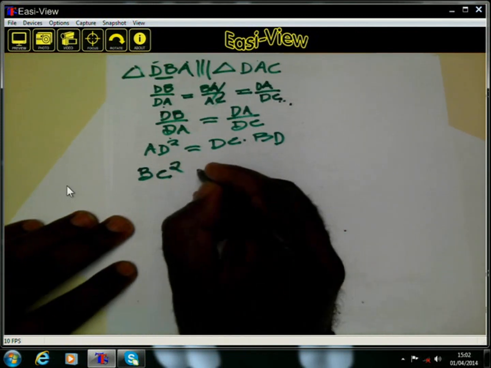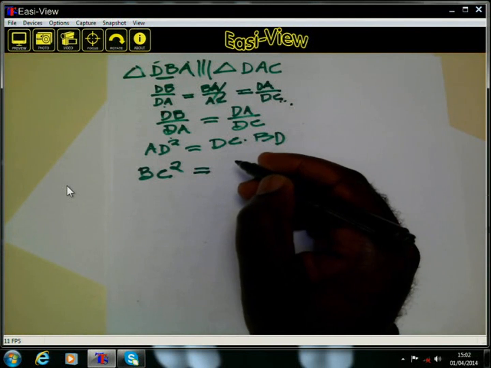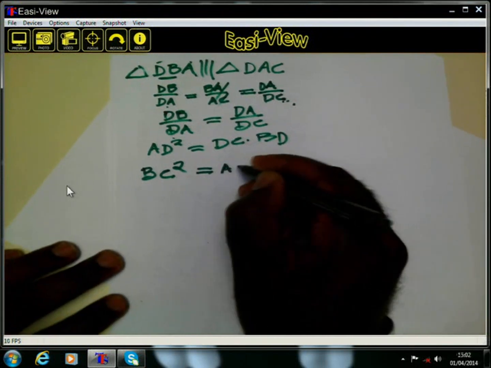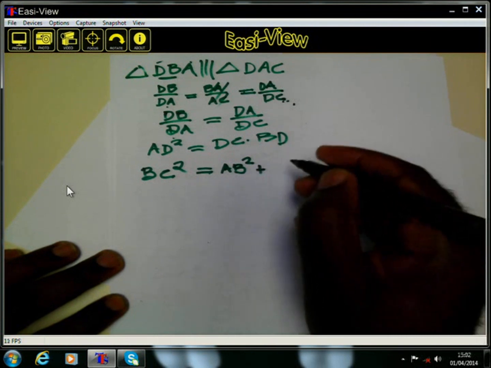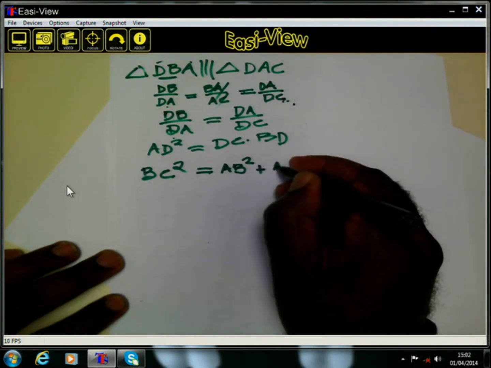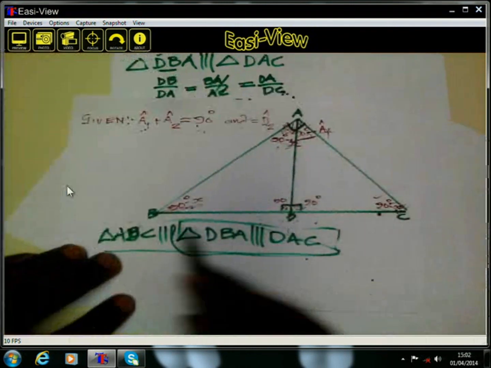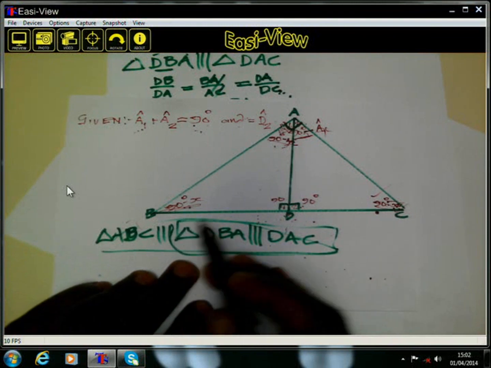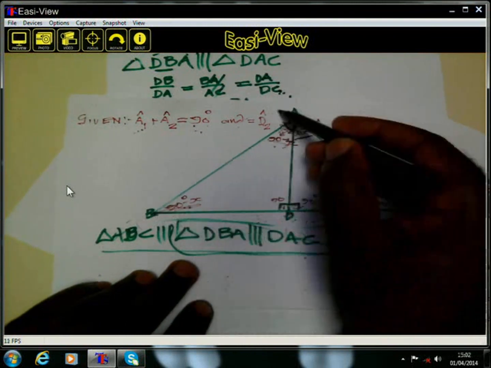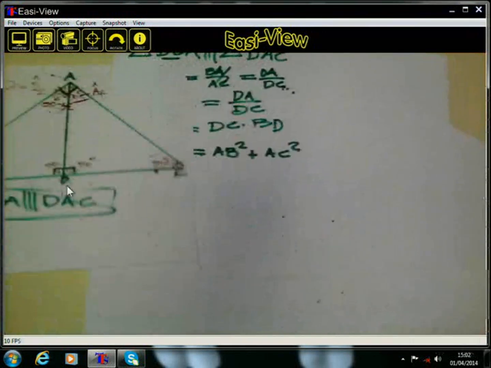BC squared must be equals to what? Must be equals to AB squared plus AC squared. The square of the longest side must be equals to the sum of the squares of the other two sides, AB squared and AC squared. That is what Pythagoras theorem entails.